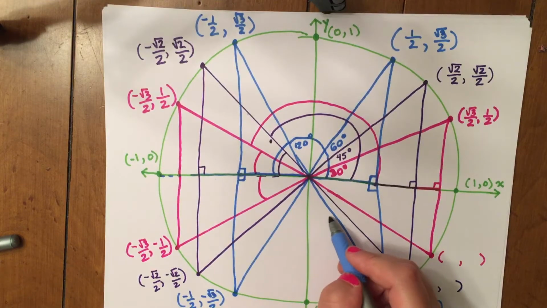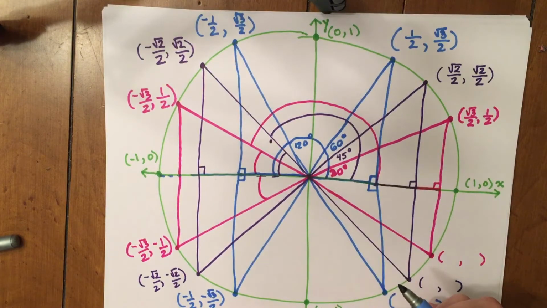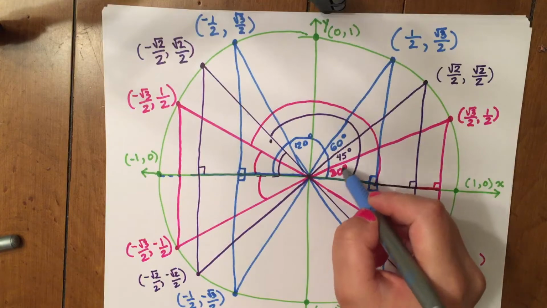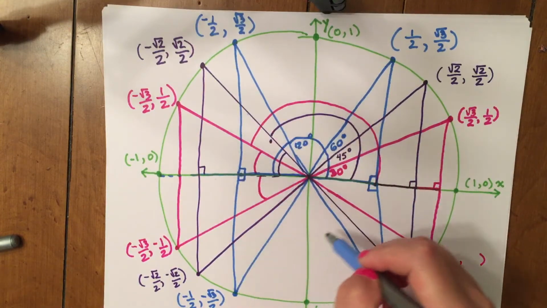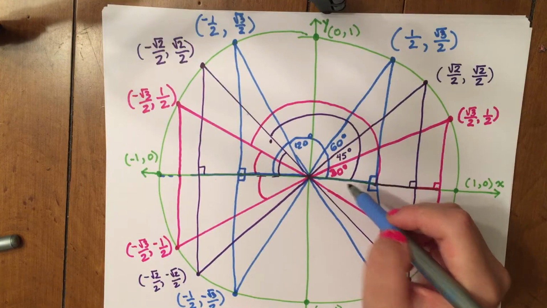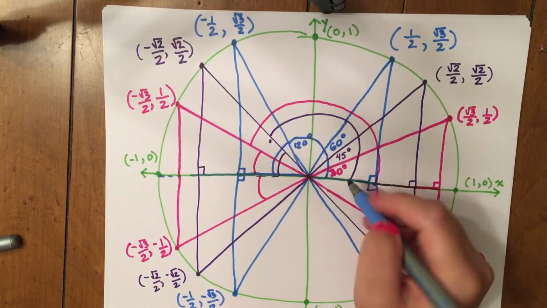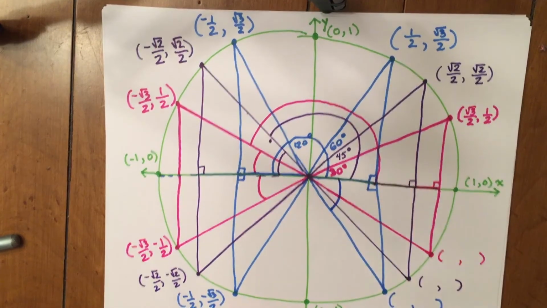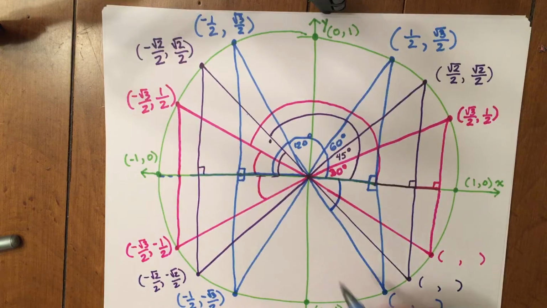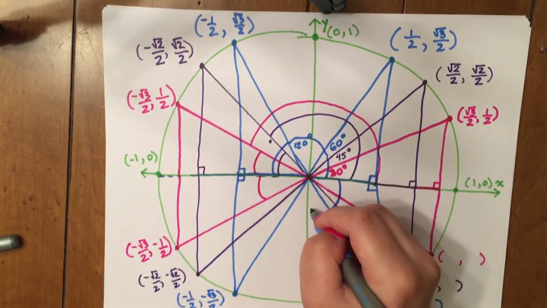If we go past 270, we think about the fact that if we were to go all the way around the circle, back where we started, that's 360 degrees. If we're 60 degrees off of the 360, that means that we're at the 300 degree mark right here.